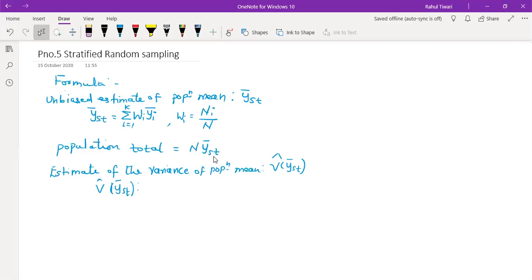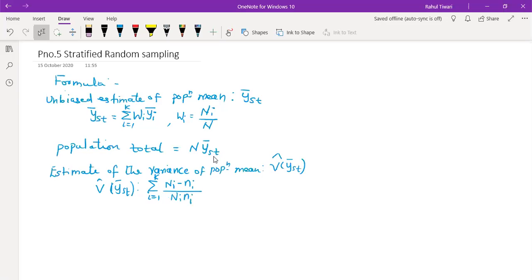It will be summation i equal to 1 to k, i takes value 1 to k, Wi square Si square. So first tell me the constant term here and then the multiplication. So I will say here Ni, something like that. Ni minus small ni upon capital Ni.